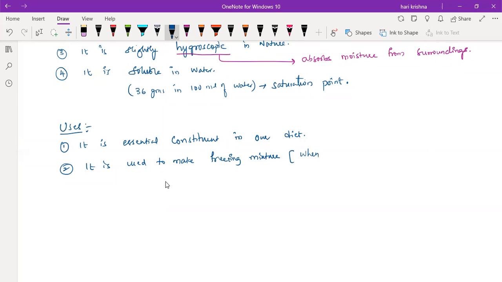If you go to street food stalls in the summer season, they keep one roller. Inside the roller, they keep some ice and add the salt. Above the roller, they keep the ice creams. Anybody saw this? No? Okay, no issues. So it is helpful in making the freezing mixture.